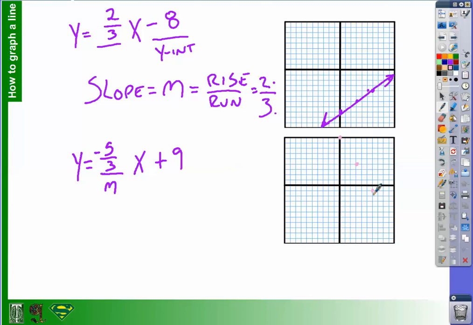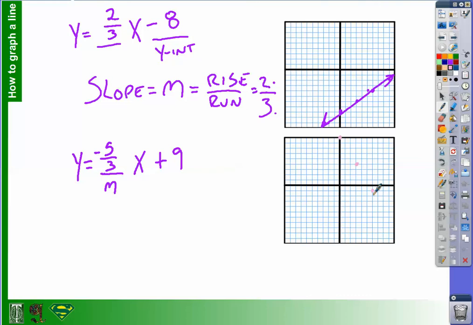Levi? Will I be moving up or down? Down. I'll be moving down. How many spaces? 5.